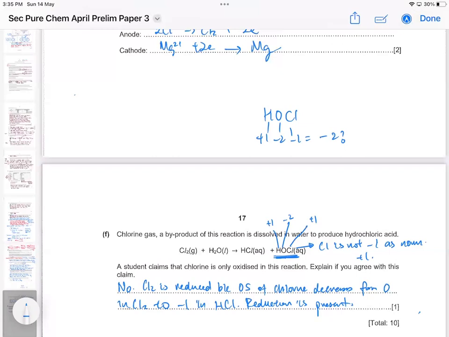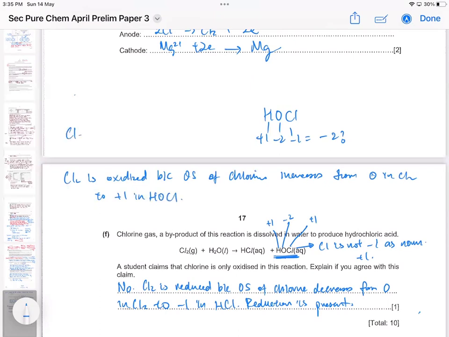So is this a disproportionation reaction? Yes, coming to disproportionation. In this case, I will say that chlorine is oxidized, because the oxidation state of chlorine increases from 0 in chlorine to +1 in HOCl.